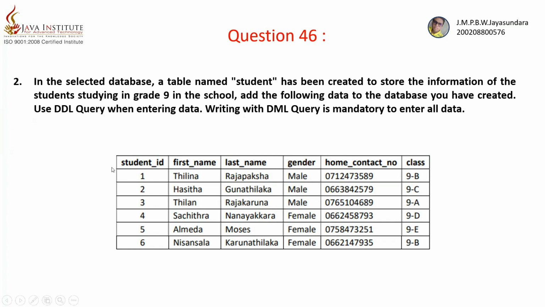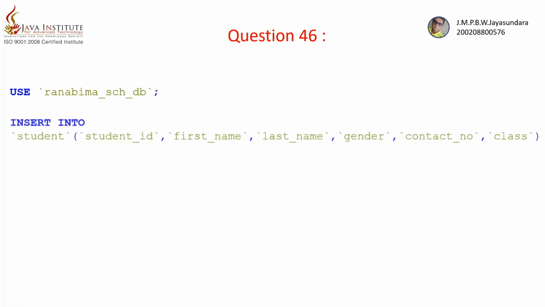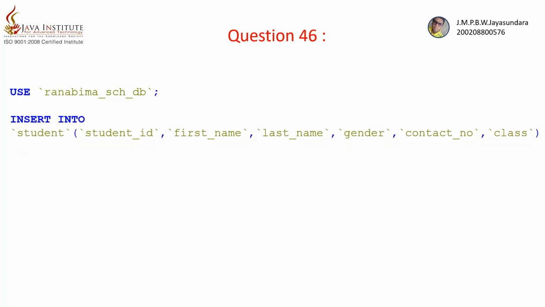And they have given us the data that we need to insert into our table, and it has the student ID, first name, last name, gender, home contact number and classes. So let's go and insert these details into our table using DML query. Here first we have the USE keyword in order to select the database.